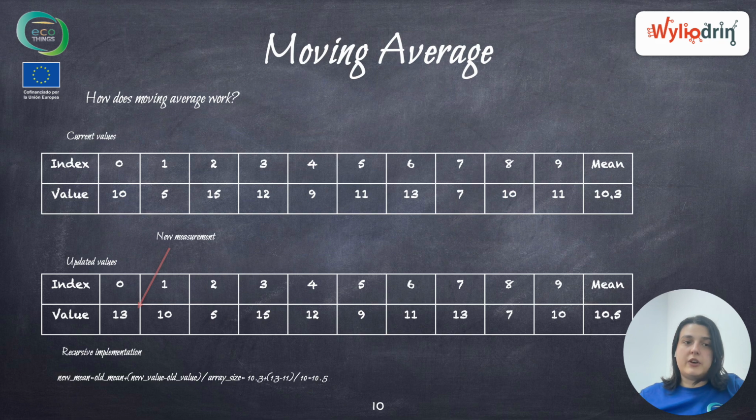The new mean for each new measurement will be equal to the old mean, to which we add the new value minus the old value divided by the array size. Basically, from the whole mean that we computed, we need to delete the oldest value, we need to add the newest value, but this needs to be scaled to the number of elements in the array because we have a mean.